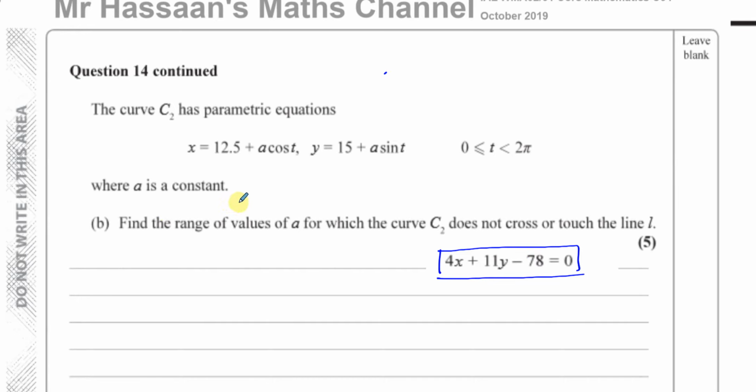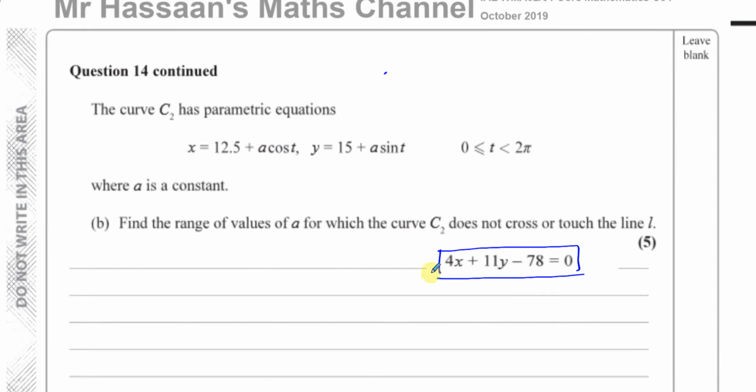Basically what I have to try to do is find a solution to these two equations parametrically, to see where they do cross and touch. Then after that we can decide the values of a for which it won't occur. So I'm going to try to solve these simultaneously.